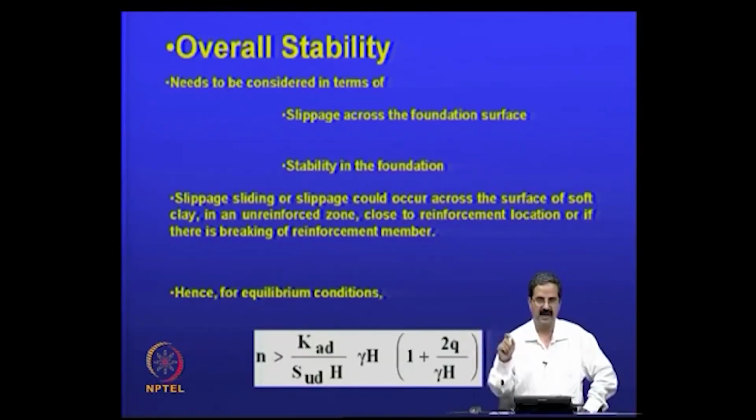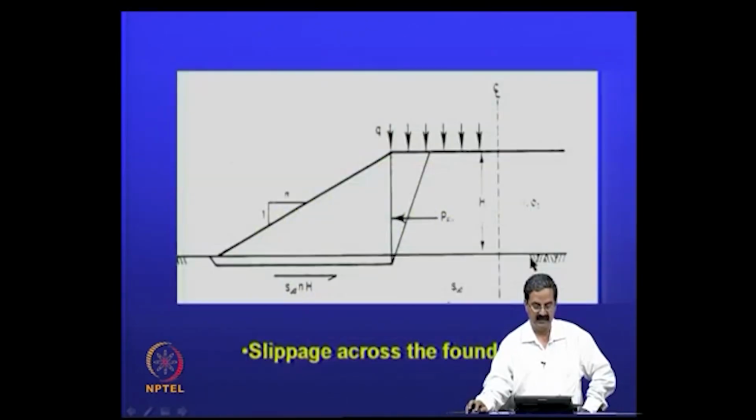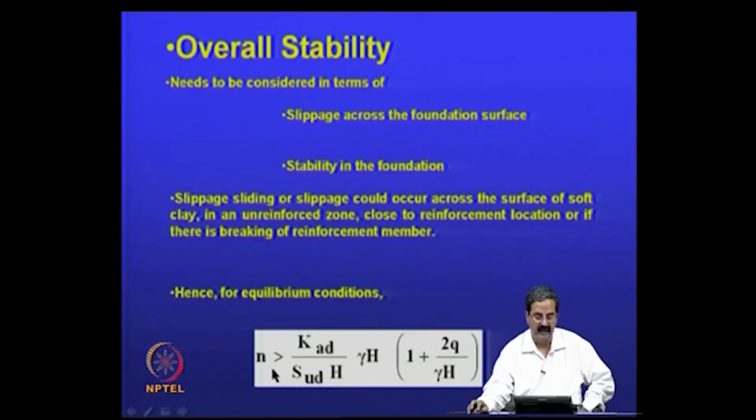We have used a factor alpha ds when it slips across the reinforcement, but when you want to consider slippage across the foundation surface, the foundation has a shear strength of Su. So, the shear strength of the soil into nH will be the resisting force, and the active force is what you calculated from gamma h square by 2 into Ka plus the surcharge. You just equate that, and then you get an n value.